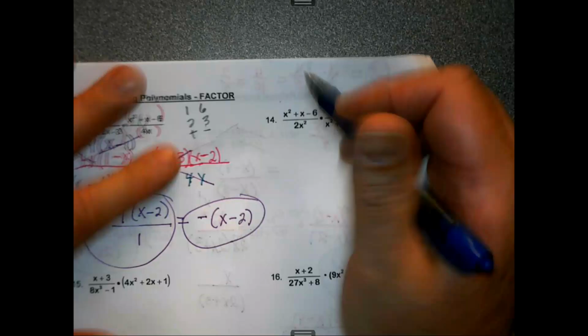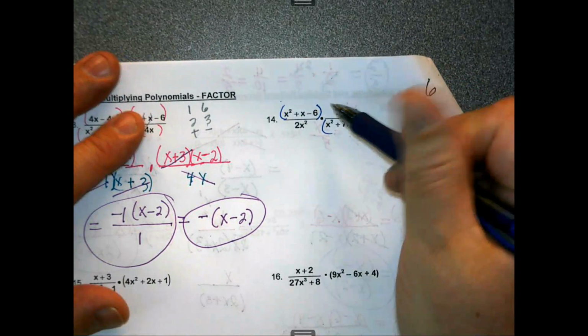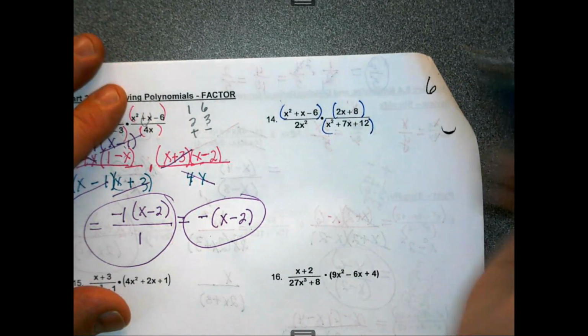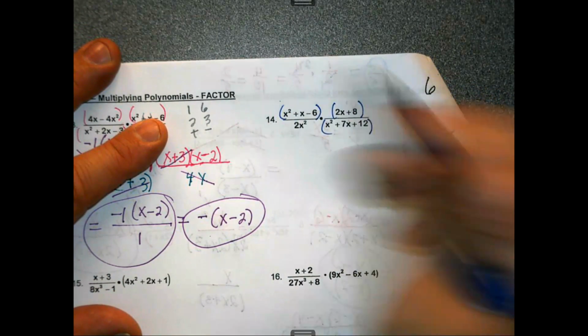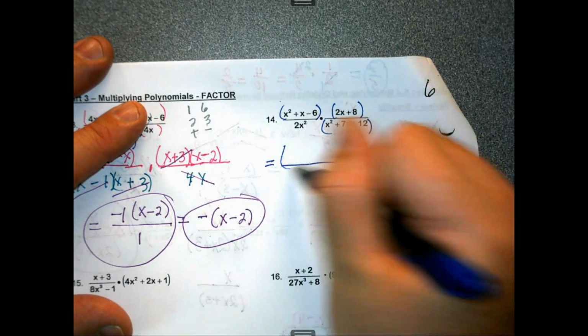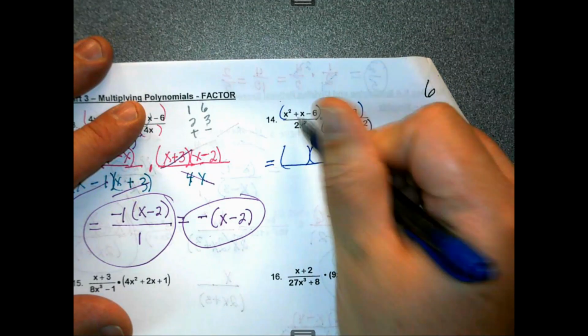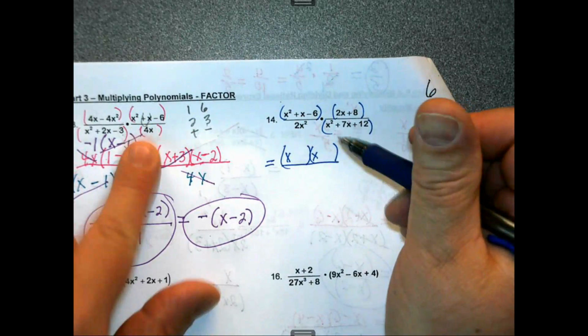Okay, I'm going to go ahead and factor my trinomials, or all of them, right? If you want, you could actually just use the same problem, but I'm going to rewrite them. Let's see, the numerator for this one, x times x. And we did x minus 6, didn't we?